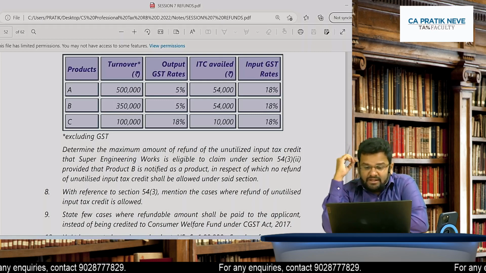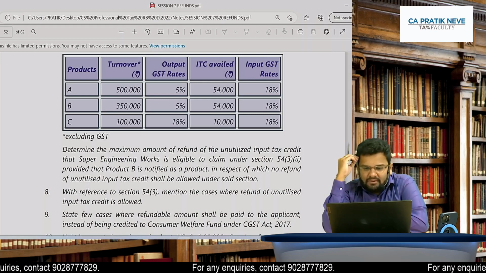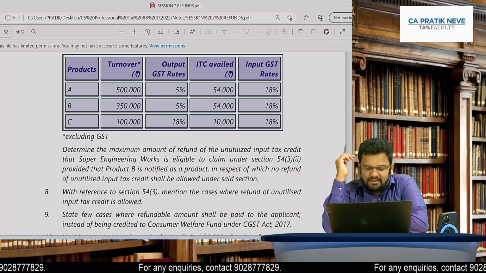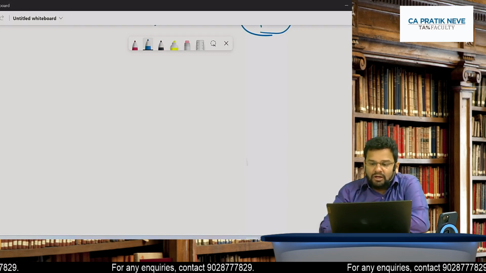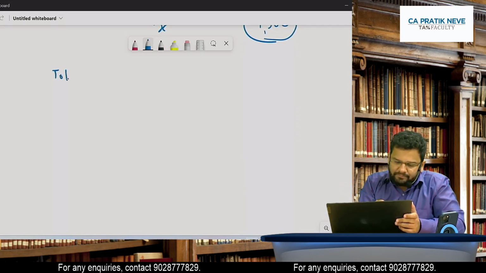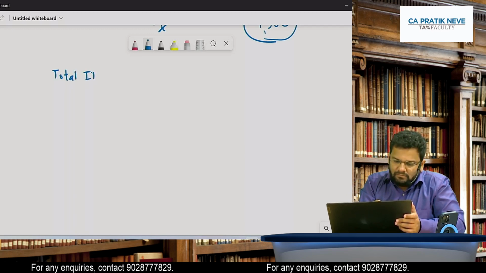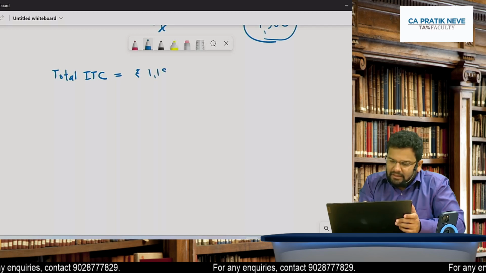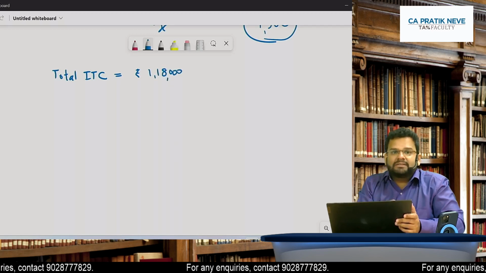So friends, for the time being, can you calculate the overall ITC in this case? A few figures we will note down from this sum. What is the total ITC? Very good. 1,18,000 is the total ITC.